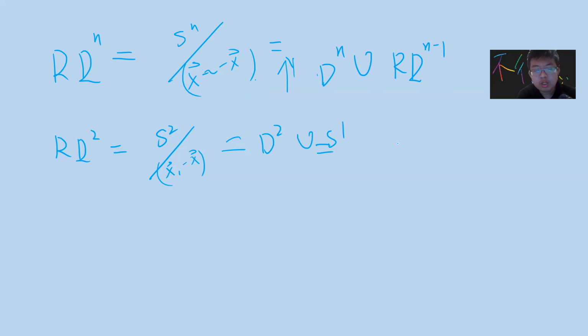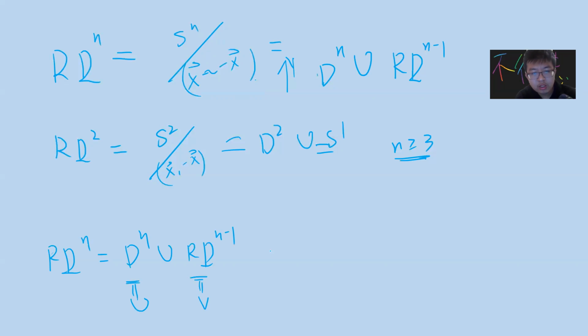Okay, so now let's assume n greater or equal to 3, and then we need to compute the fundamental group, right? So we get RPn is basically this. We can take this as U, this as V, and then their intersection will be, in the higher dimensional case, Sn minus 1.